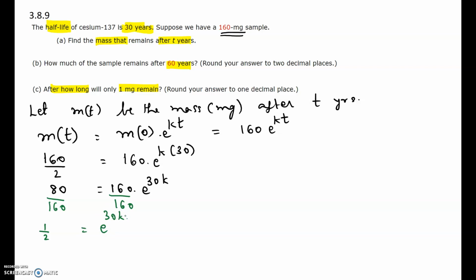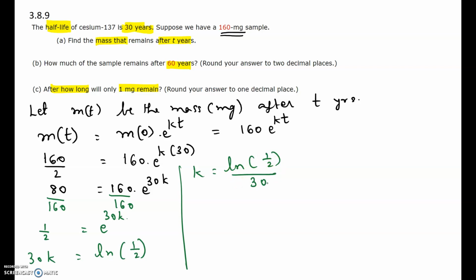So we need to find out what k is. 30k equals ln of 1/2, so k equals ln of 1/2 divided by 30. From our calculator this is negative 0.0231, but for the problem, it's better to keep it as an exact value.